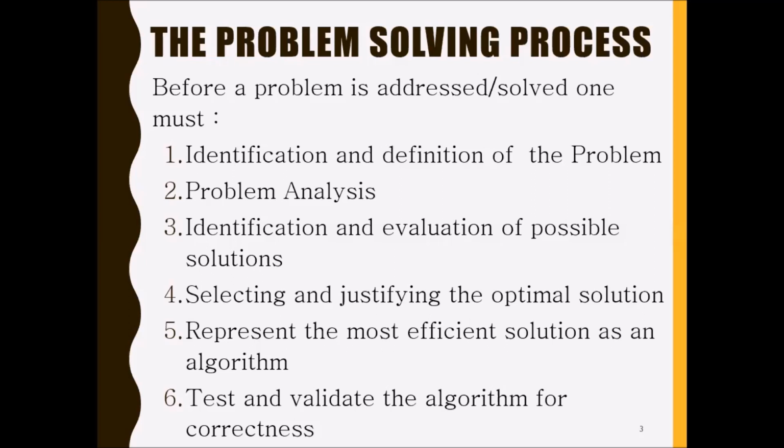Now, one person, let's say Kamali, has a particular way of solving a problem, let's say getting dressed for school on a daily basis. O'Brien is going to have a different method. It doesn't mean that Kamali's method is incorrect or O'Brien's method is incorrect. It simply means that there are different ways to solve it.